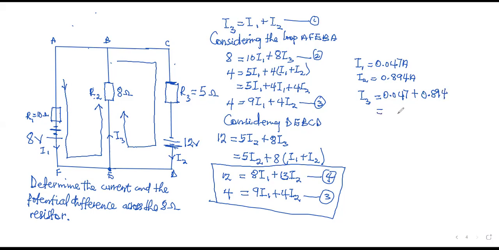So when you put the two together, what's your final answer? 0.941 ampere. Yes, please. So the current through the 8 ohm resistor is this, and then the voltage drop across it will be the current times the resistance, which is 8.